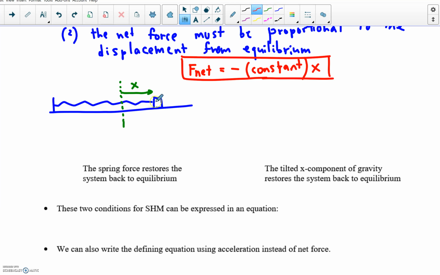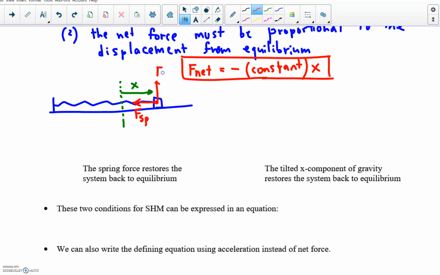And because of that, the spring is pulling the block in to the left, F spring. So bam, already we know we've satisfied the negative sign because they point in opposite directions. Displacement and force are in opposite directions. So we're good there.